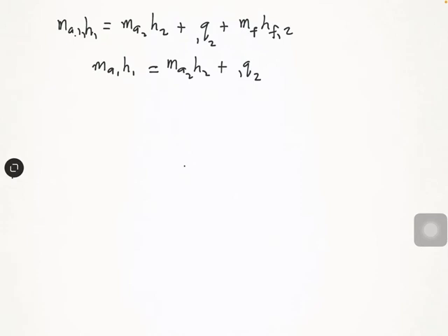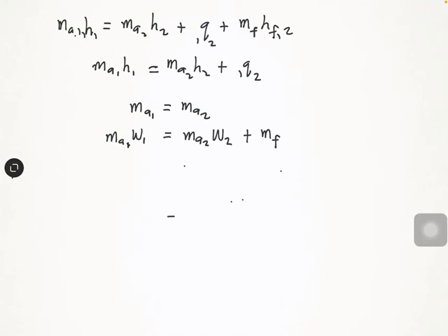We know that the mass of air at point 1 is equivalent to the mass of air at point 2, and we learned from our previous discussion that this mass MA1 W1 is MA2 W2 plus MF.